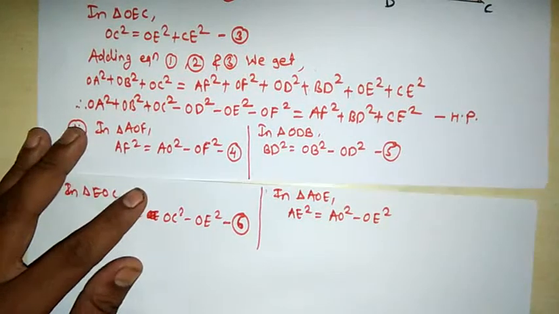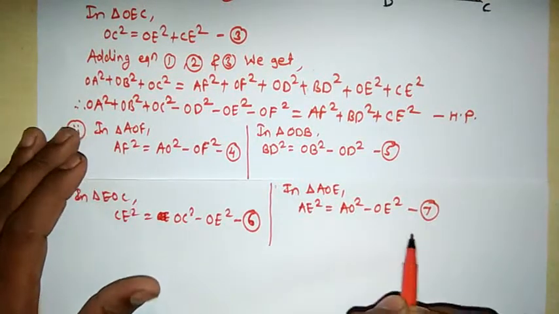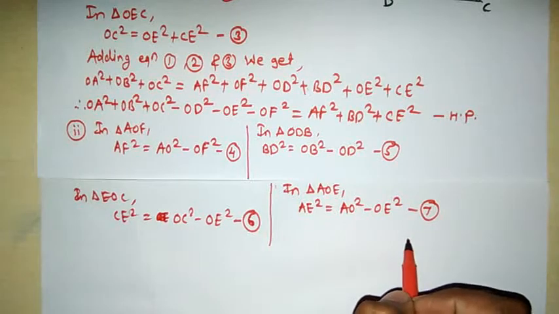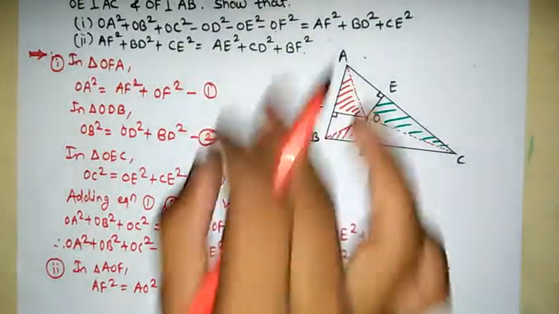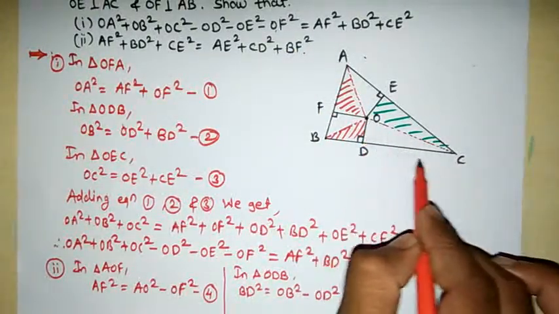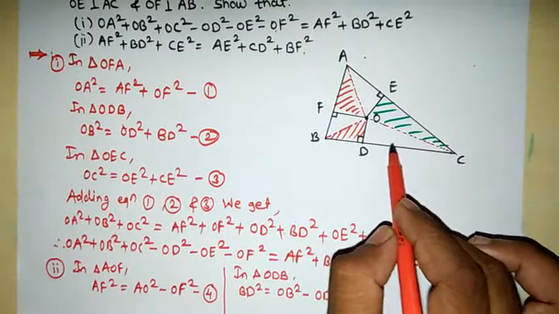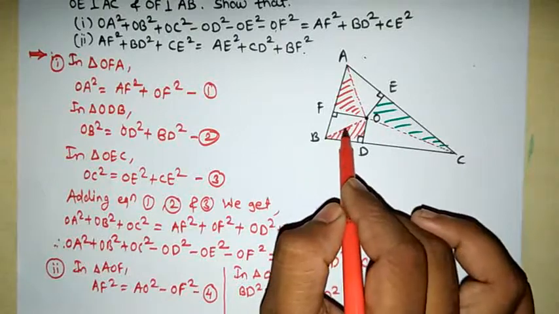Mark this as equation number 7. And next we want CD square and BF square. CD square, in which triangle will we get? In triangle DOC we will get CD square, and in triangle BOF we will get BF square.